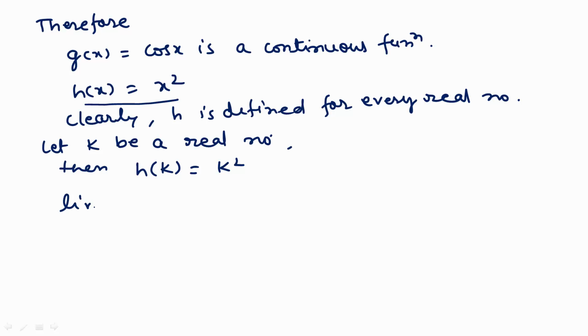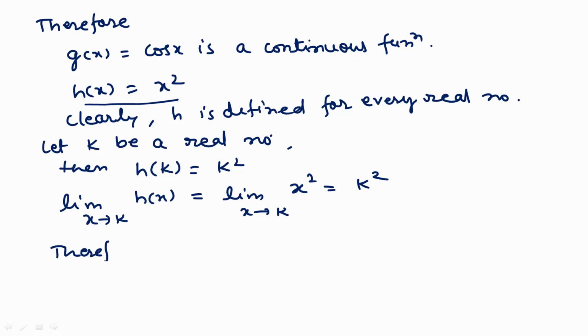So limit x tends to k, h(x) is equal to limit x tends to k, x square, and this will be equal to k square. Therefore h is a continuous function.